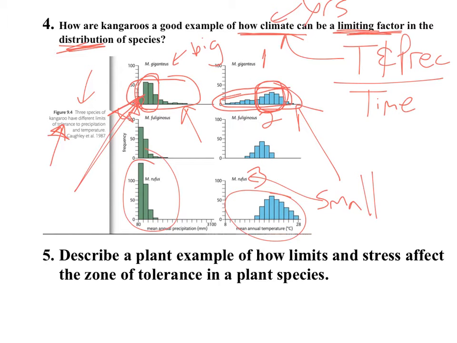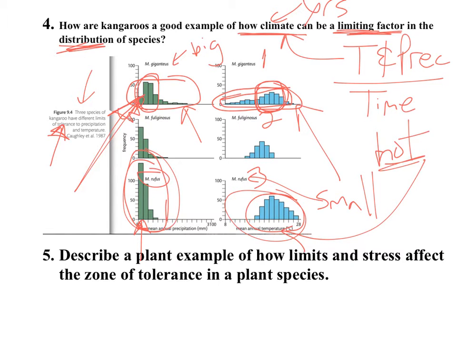And if you look at rufus, they're very successful at low precipitation, and they are very successful at high temperature. So we can expect these species, rufus, to survive in hot climates. And we can look at gigantus and expect them to be very specific in their temperature and precipitation.